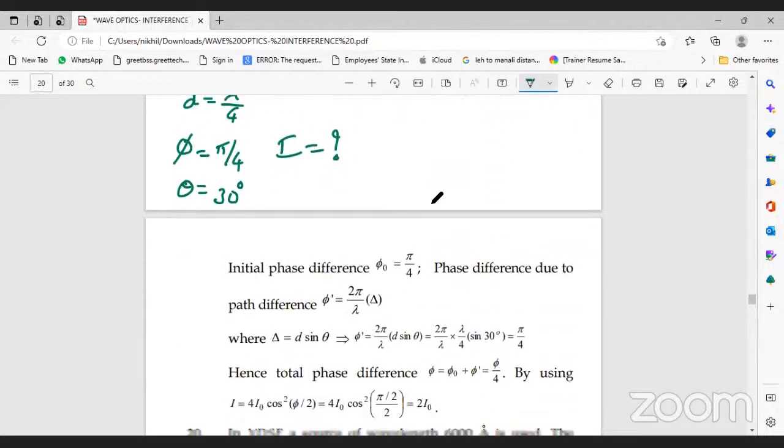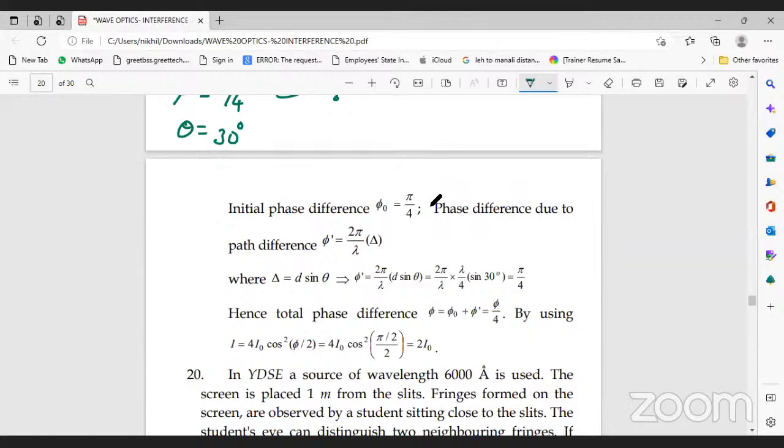What's the formula for the intensity you have? Intensity is 4 times I naught into cos squared phi by 2. What is the initial phase?